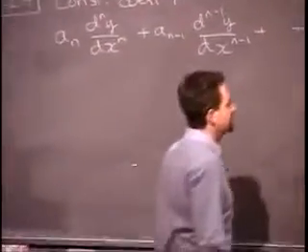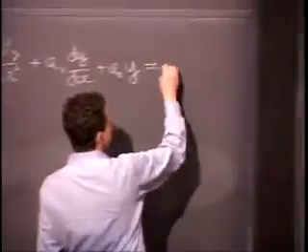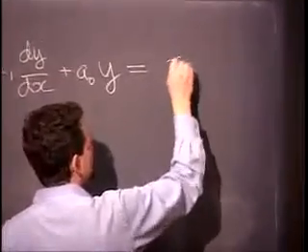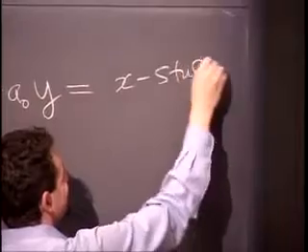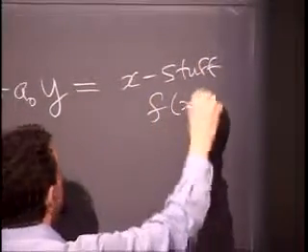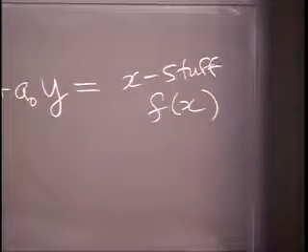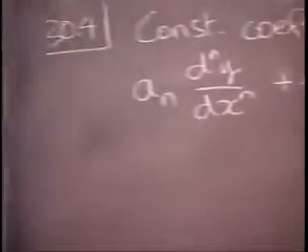All this equals some x stuff, say f of x. So in this, all these a_n are just numbers. They are constant coefficients. They're not functions of x. There's no stuff in x on the left, just in the derivatives with respect to x. And there's no stuff of y on the right-hand side. All the x stuff by itself is on the right-hand side.